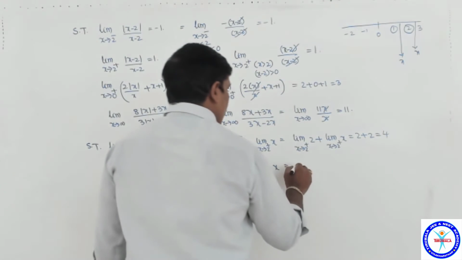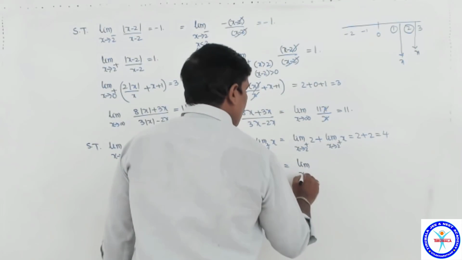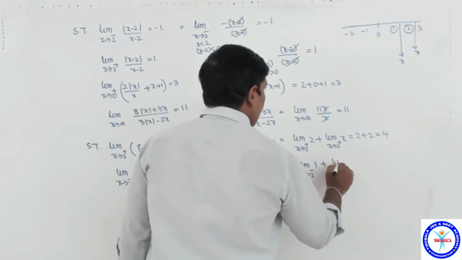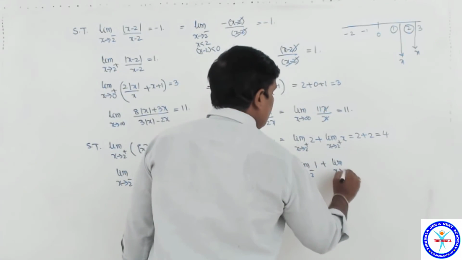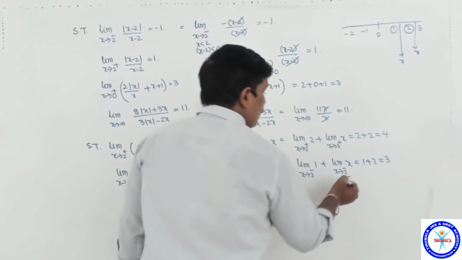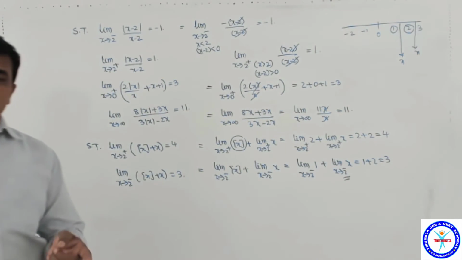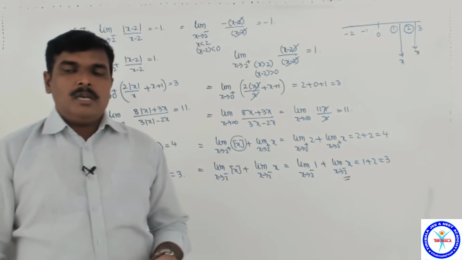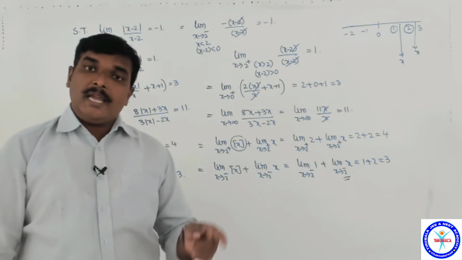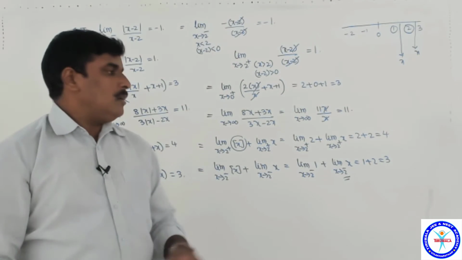That's why limit x tends to 2 minus value is 1 and limit x tends to 2 minus x, 1 plus 2 equal to 3. Here remember that limit x tends to 2 minus means not minus 2. It represents the left limit of f of x at 2. Okay, write down.